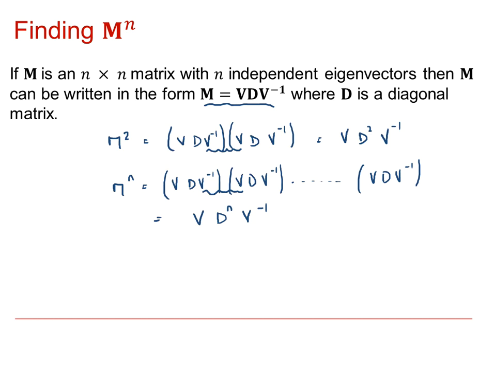But what is important about this, and how it makes life a lot easier for us, is that D to the power n is in fact very easy to find.